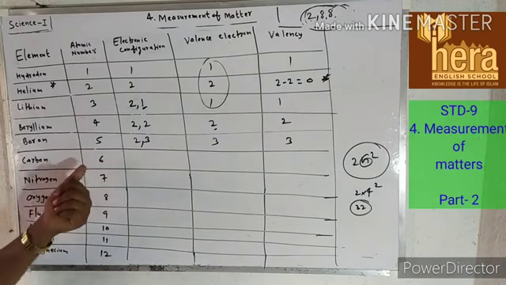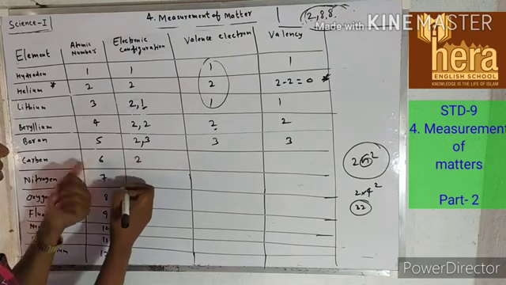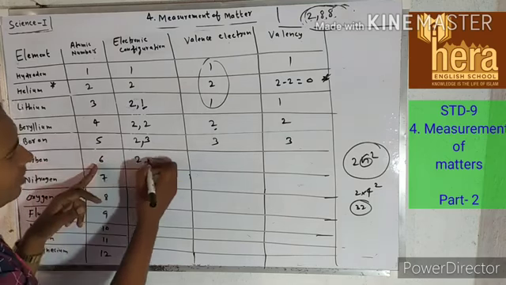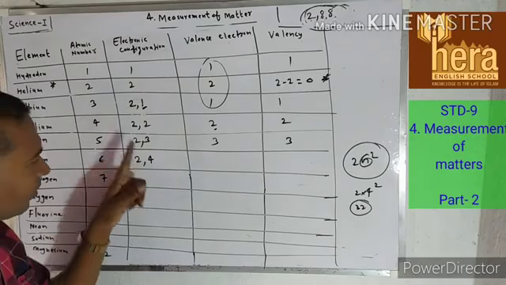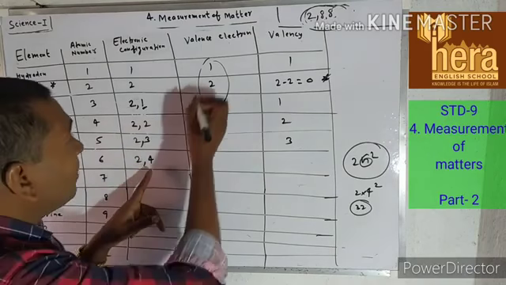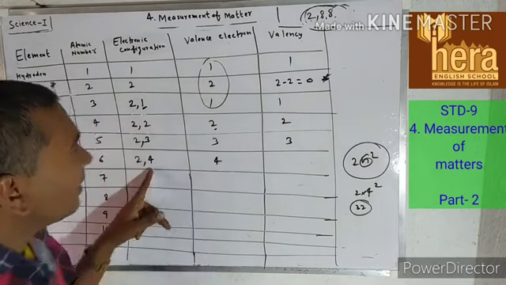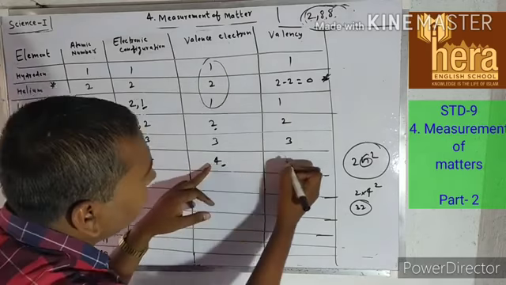Carbon, 6 electrons and 6 protons. The first orbit 2 electrons, 4 still remaining. In first orbit 2 electrons, second orbit 4 electrons. Valence electron 4, valency will be 4.